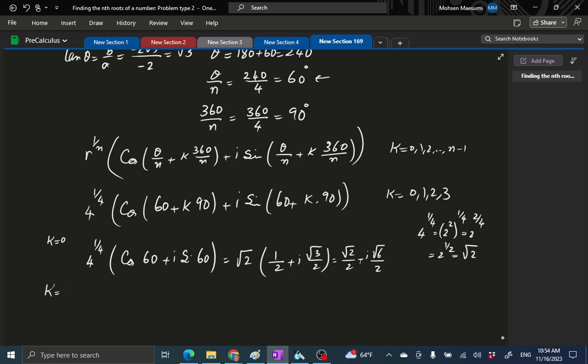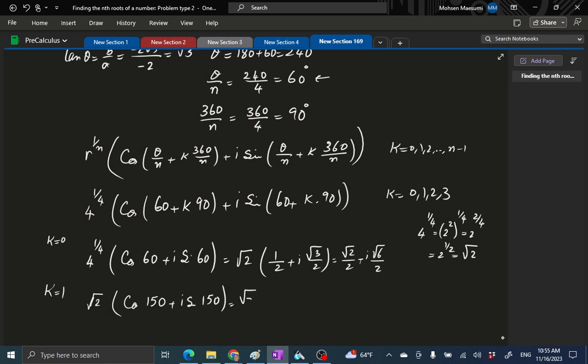Next, we take k equal to 1. So that means we agree to write this thing as radical 2 cosine of, now we add k equal to 1, we add 60 to this, add 90 to this, so I get 150 plus I sine of 150.